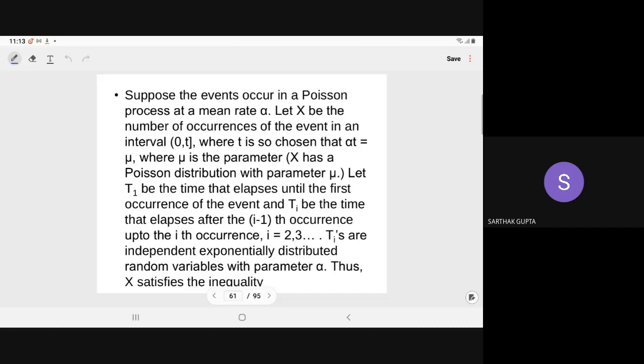Let t1 be the time that elapses until the first occurrence of the event, and ti be the time that elapses after the (i minus 1)th occurrence up to the ith occurrence, for i equal to 2, 3 and so on, which are independent exponential variates.